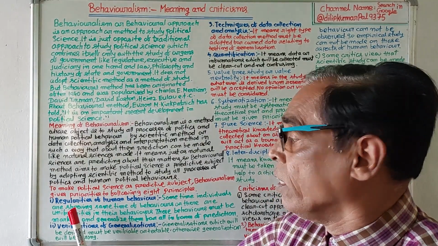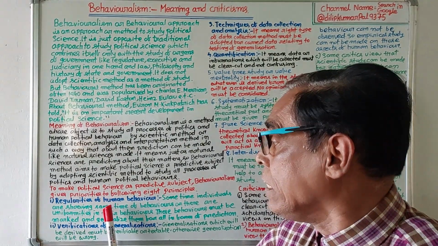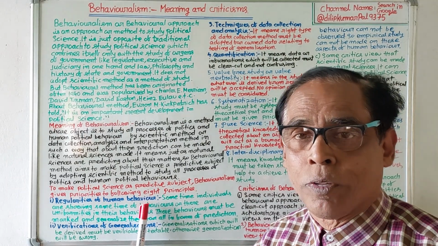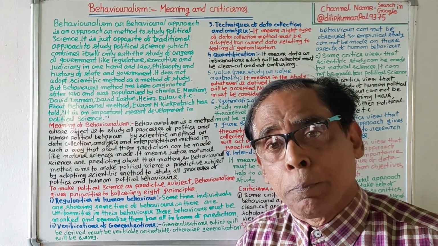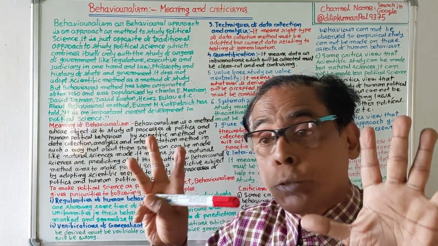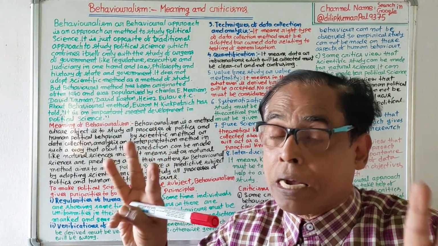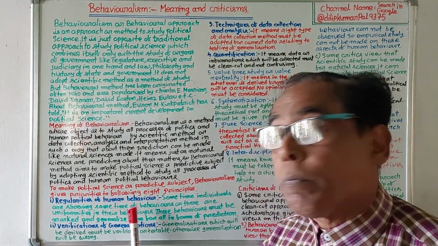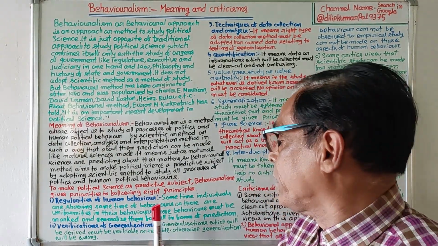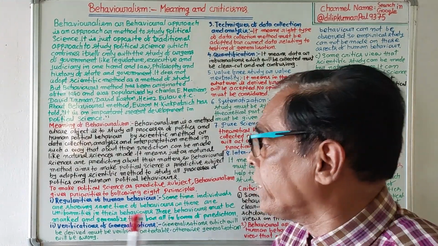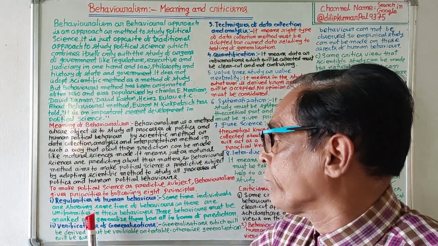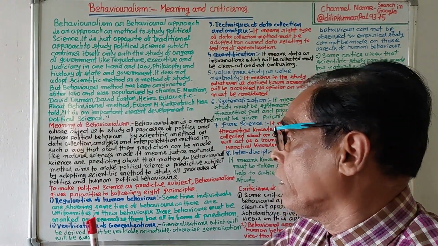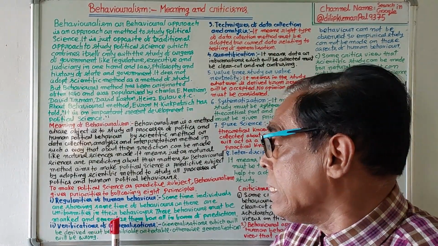Number 1, regularities of human behavior. It is the first principle. It means sometimes individuals show the same type of behavior, or there are uniformities in their behavior.